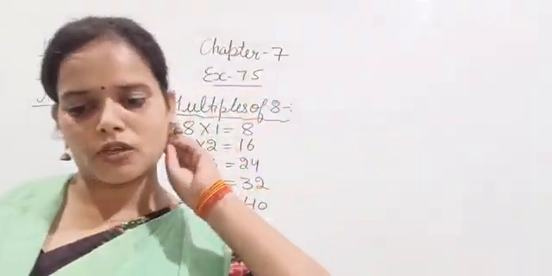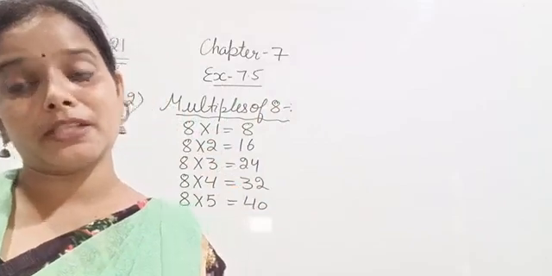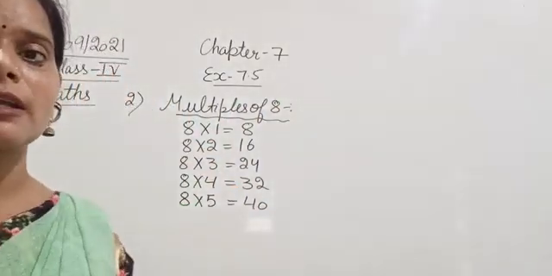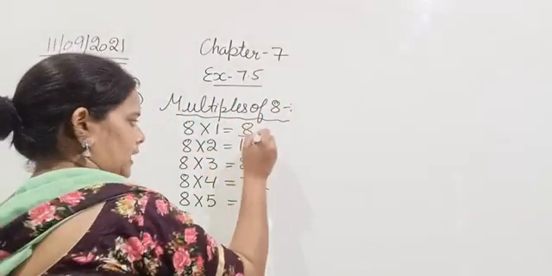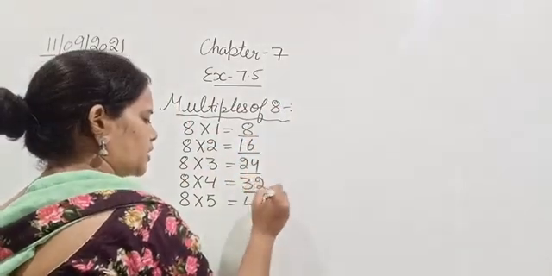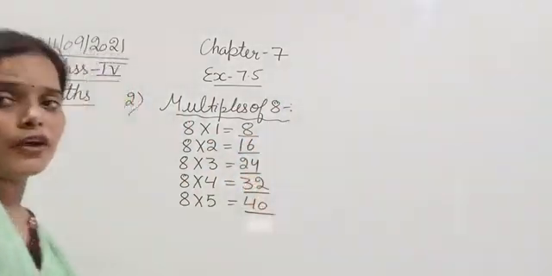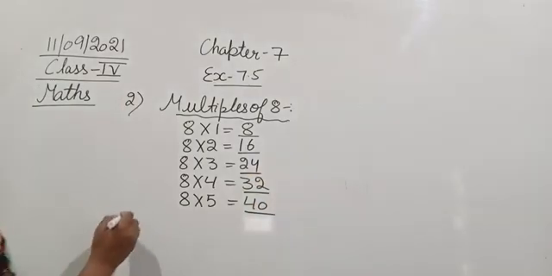Okay. 8, 16, 24, 32 and 40. So the multiples of 8. List the first 5 multiples of 8. So the first 5 multiples of 8 are 8, 16, 24, 32 and 40. लिखिए.